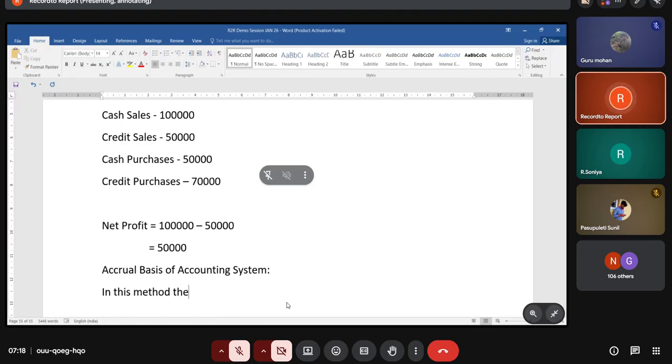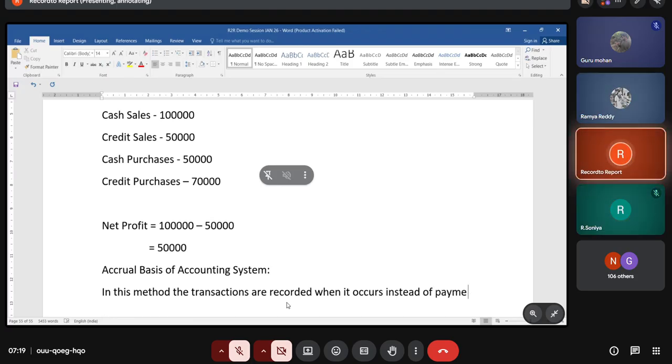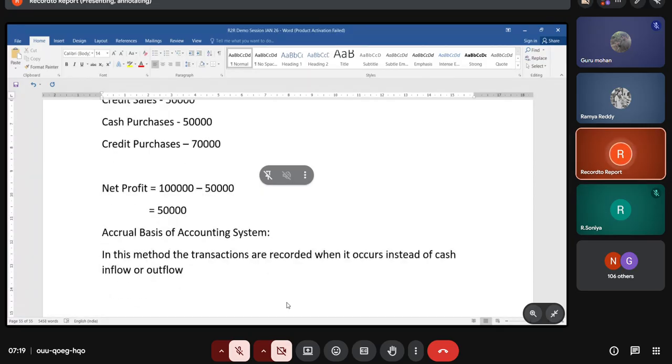In this method, transactions are recorded when they occur, instead of when there is a cash inflow or outflow, that is, payment or receipt. That is called the accrual basis of accounting system, guys.